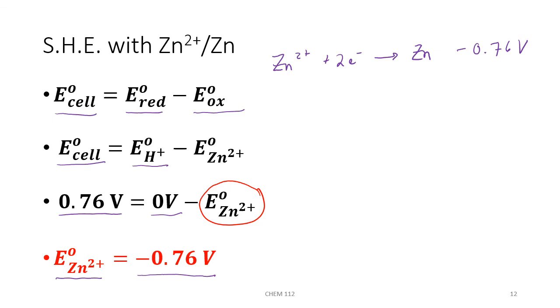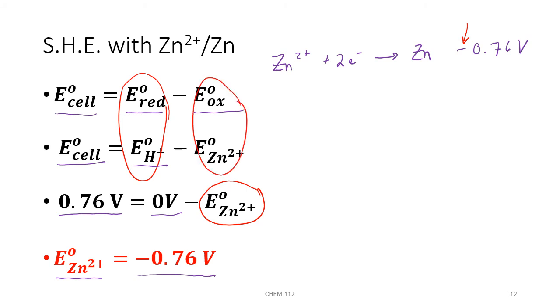And so what that negative sign out in front is just really telling us is that that substance, zinc in this case, is not as easily reduced as hydrogen. So if zinc is not as easily reduced as hydrogen, it's going to end up being oxidized when it's paired up with the hydrogen electrode, which is what we saw. The hydrogen electrode got reduced, the zinc one got oxidized.